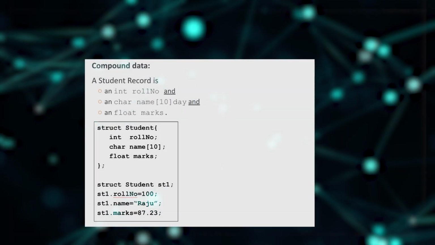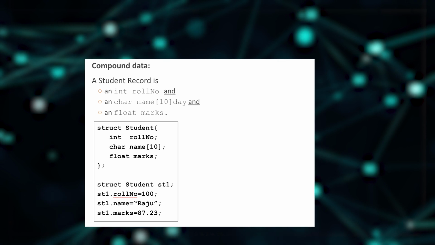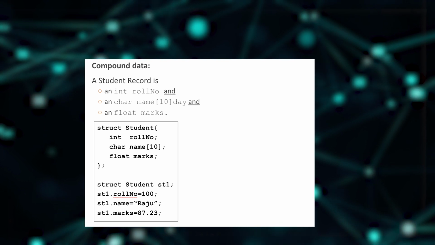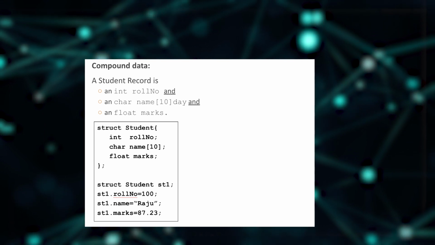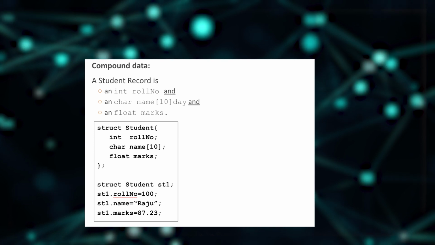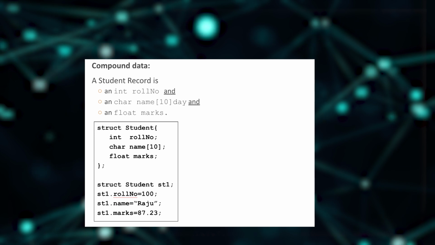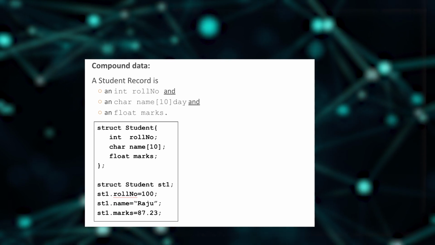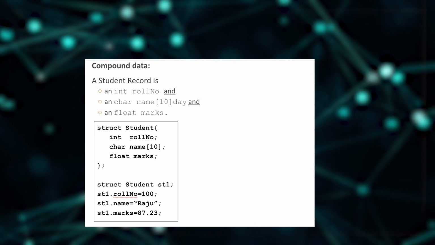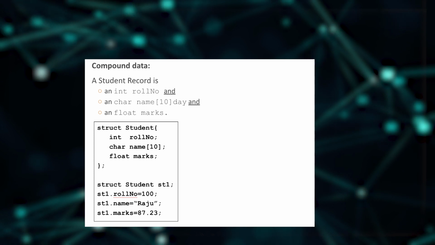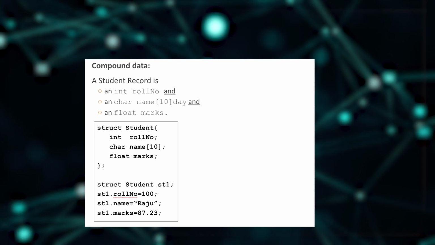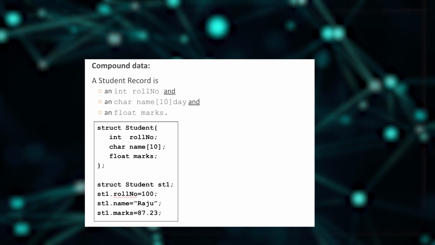Inside the structure we have a student record: integer roll number, character array name, and last is float marks. So, we can put these three members into a structure. In this example, we have created one struct student. Struct is a keyword to define a structure. Under this structure we have three members, roll number, name and marks, of different types.